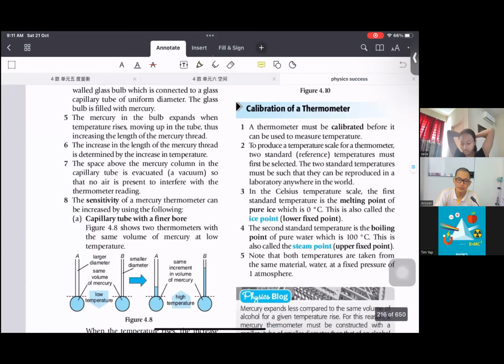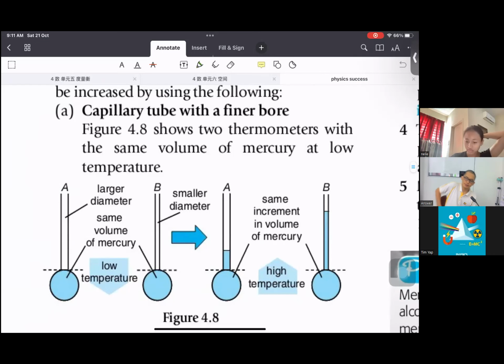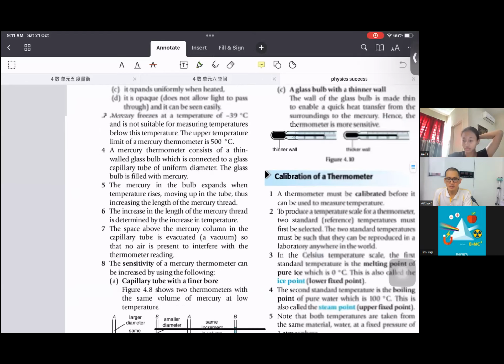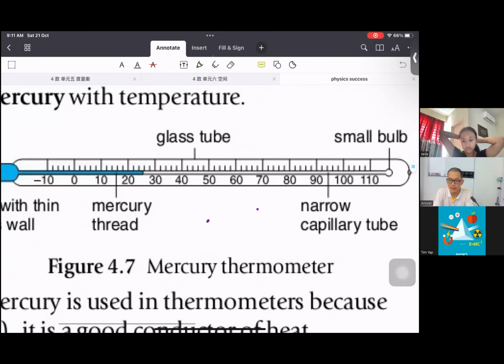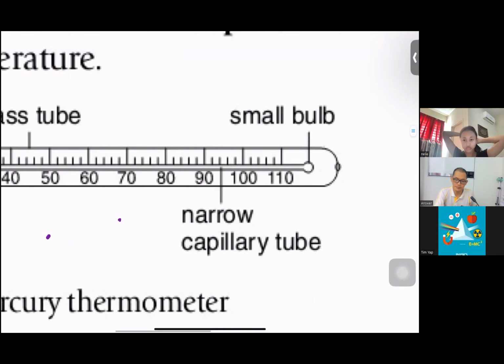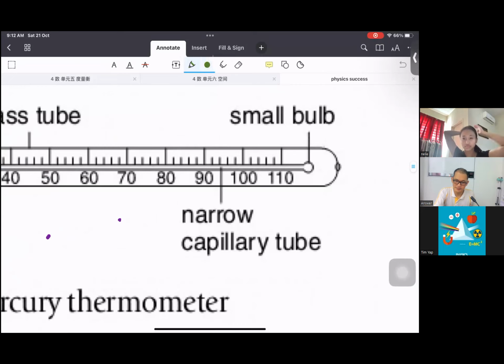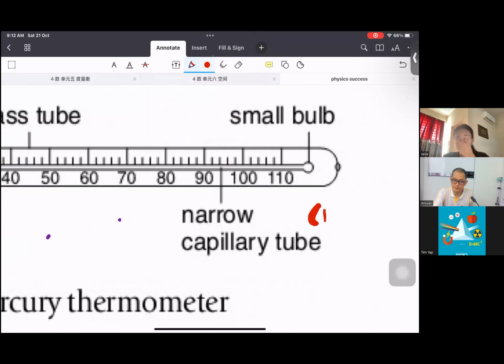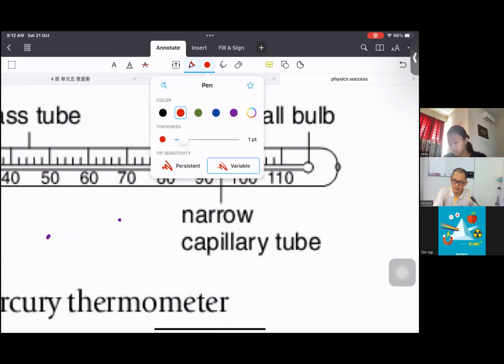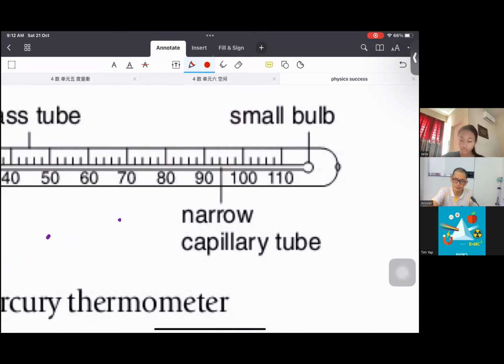Now, first way, we need to have a finer bore. So what is the bore? The bore is this part of the thermometer, or we can say the capillary tube. Yes, so this is called the capillary tube.